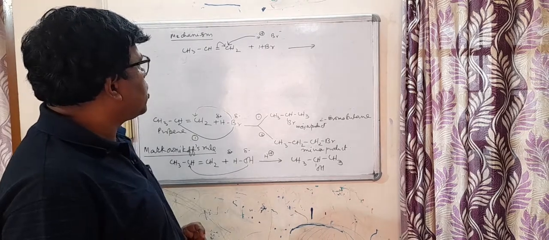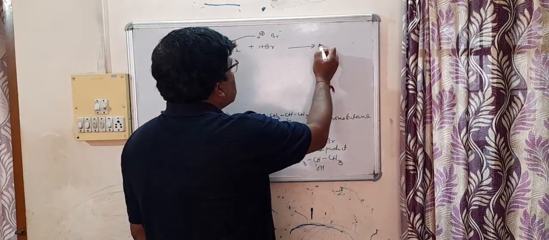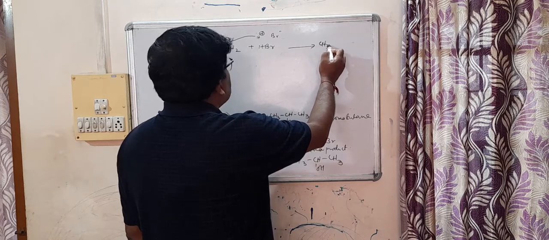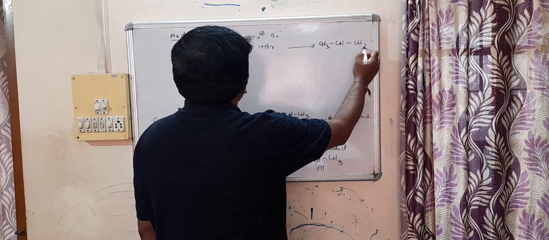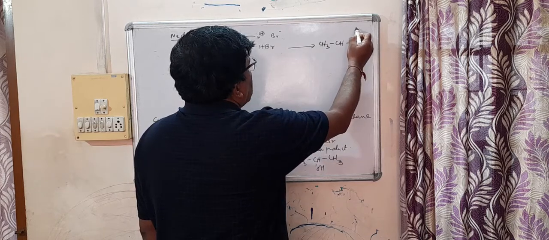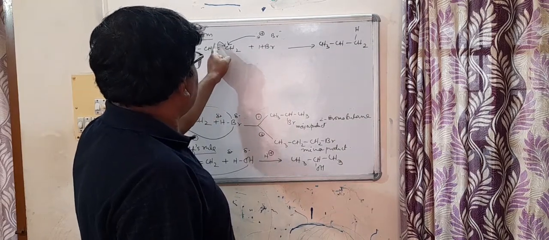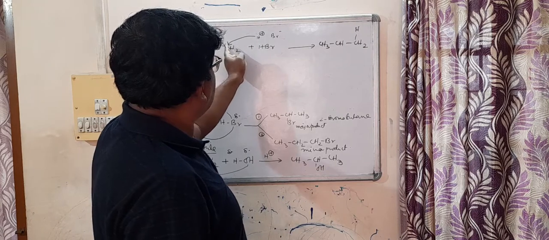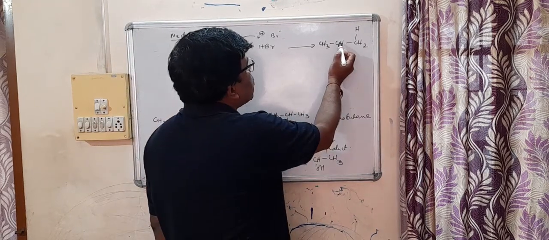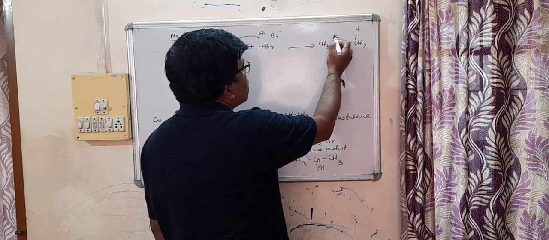So this is called electromeric effect, and we will get this thing CH3, CH, CH2 and H. So H attacks here, this pi electron comes this side, and you can calculate the formal charge here: the carbon will become positive.